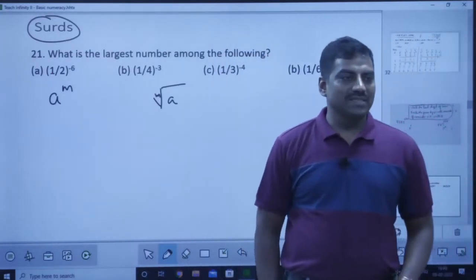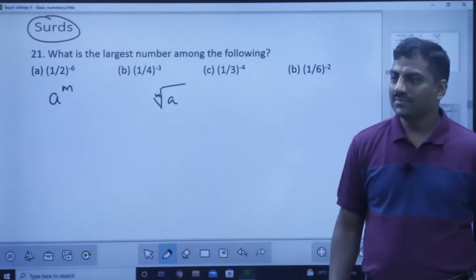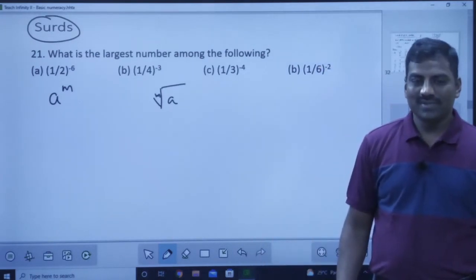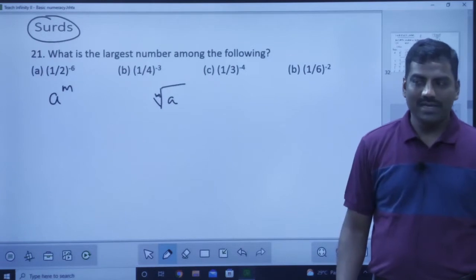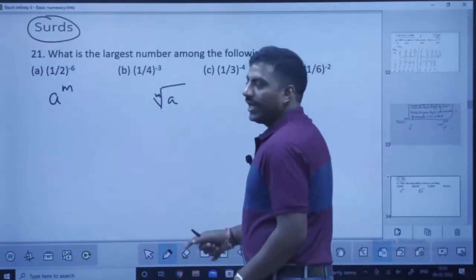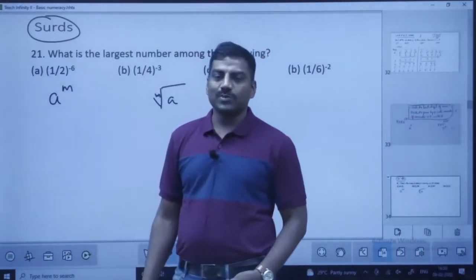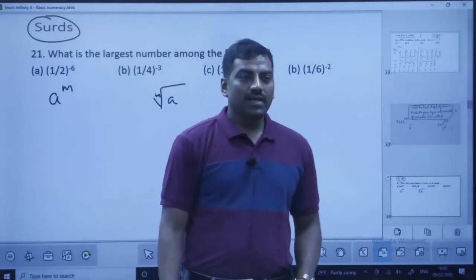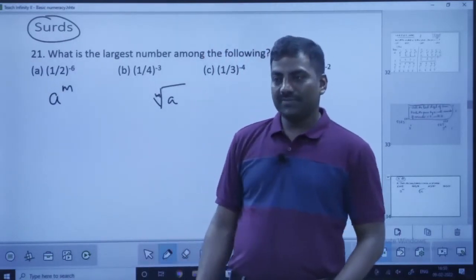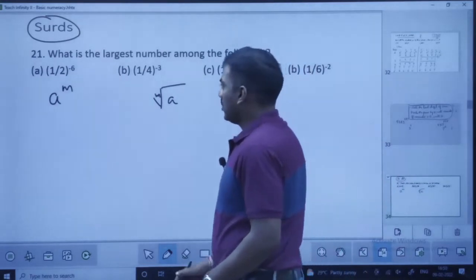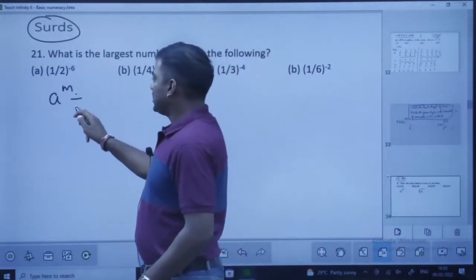Can we call 2 a surd? Yes, 2 to the power of 1. So a to the power of m. Why are we using this? Because we do certain basic operations with this surd, a to the power of m. You might have done these things.